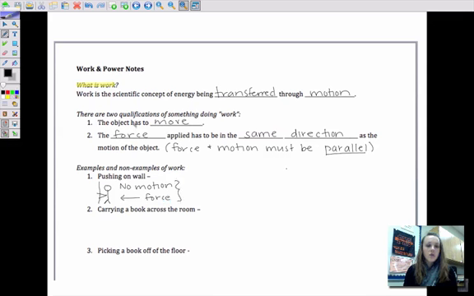So if we look at our 2 qualifications, first, the object has to move in order to do work, and the wall isn't going to move, that means that no work is done on the wall because it's not moving.